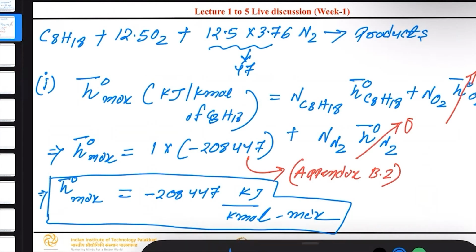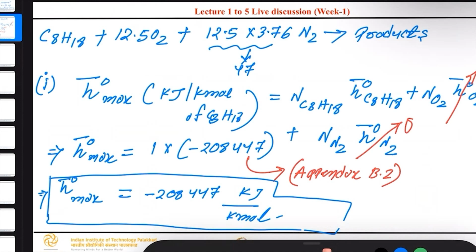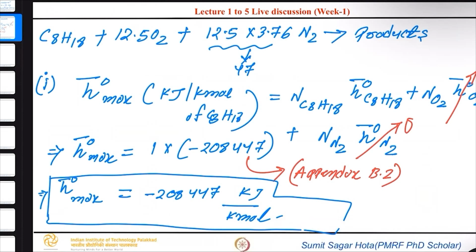Here, it is not kilojoule per kilomole of mixture. Why? Because here for 1 kilomole of the fuel only we are calculating. So it should be for the fuel, not for the whole mixture. That mixture now I will calculate. Okay, this is for the fuel.